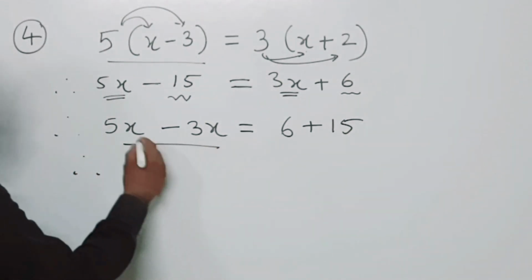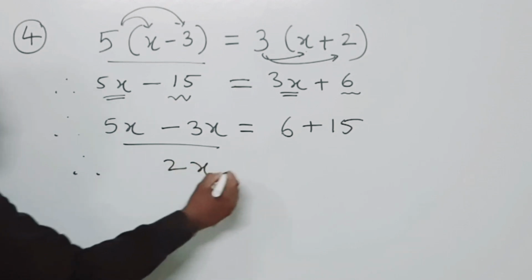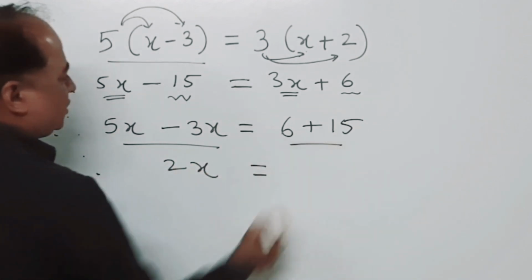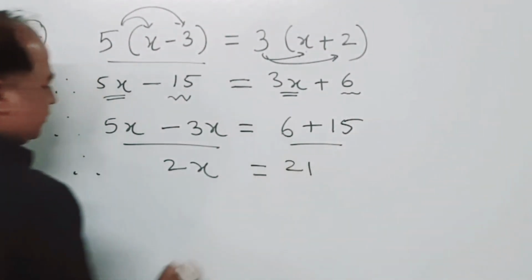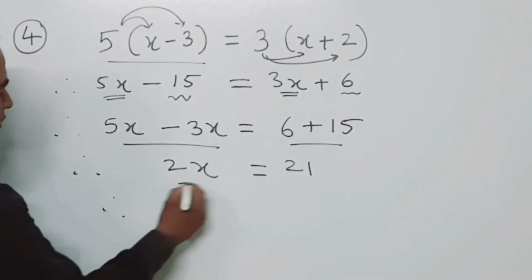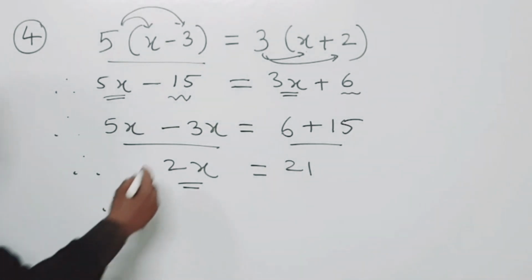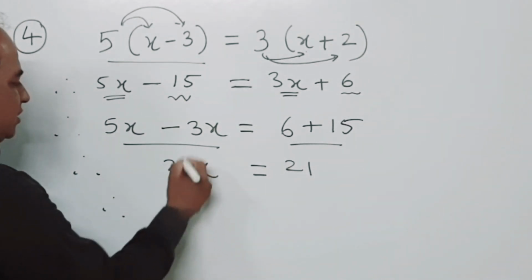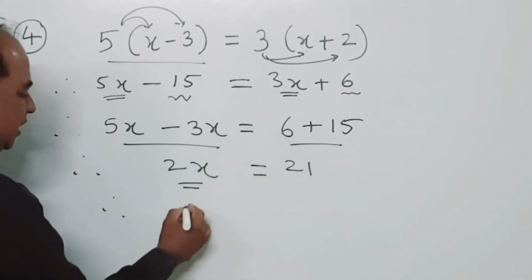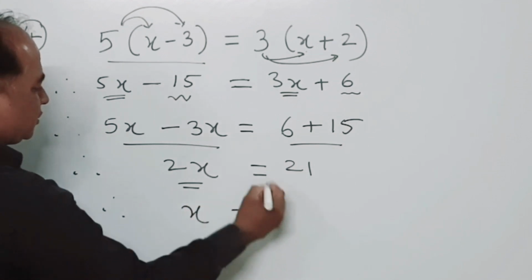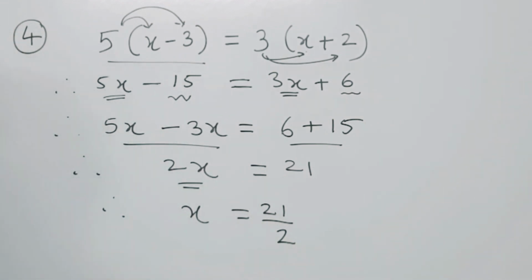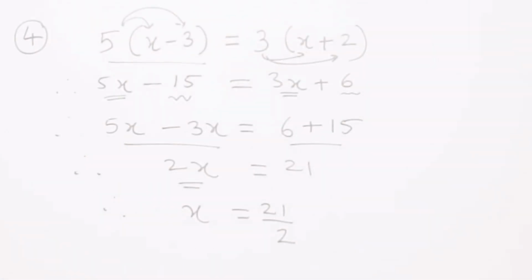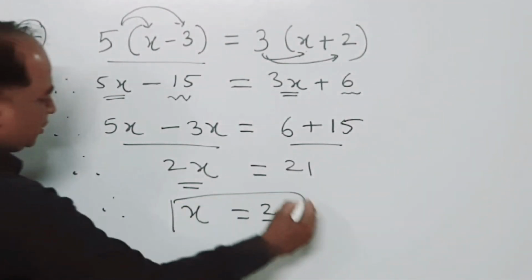Therefore 5x minus 3x is equal to 2x and 6 plus 15 is equal to 21. Here 2 is multiplied by x, so when 2 goes on the right hand side it will get divided, so 21 divided by 2. So x is equal to 21 upon 2.